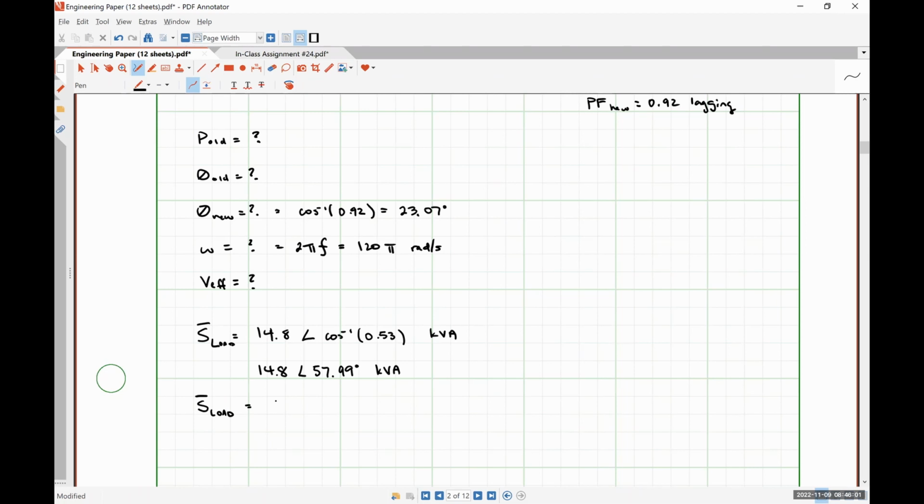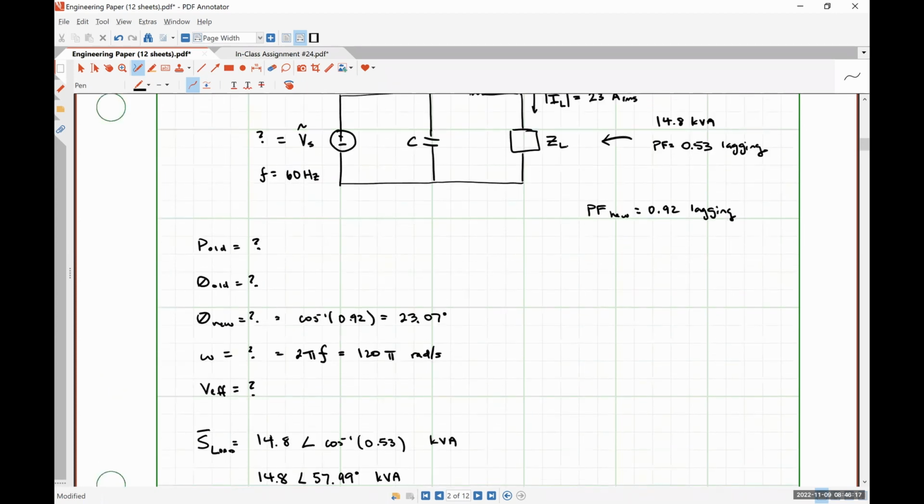From our alternative relationships, we know that this should be I effective squared, so the magnitude of our effective current, times our load impedance.